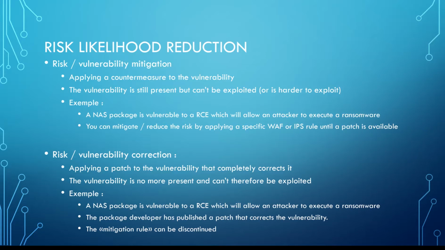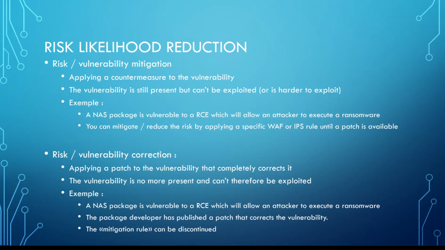For example, you've got a NAS package which is vulnerable to a remote code execution attack, which will allow an attacker to take control of your NAS, execute commands, and execute a ransomware, for example. You can mitigate or reduce the risk by applying a specific web application firewall or intrusion prevention system rule until a patch is available, in order to block the attack.